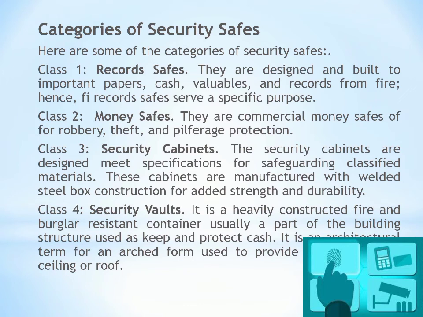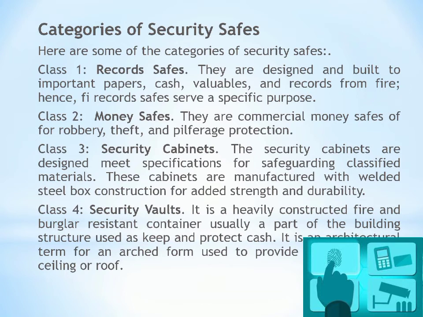Categories of security safes. Here are some of the categories of security safes. Class 1, record safes. They are designed and built to protect important papers, cash, valuables, and records from fires. Hence, record safes serve a specific purpose. Class number 2, money safes.